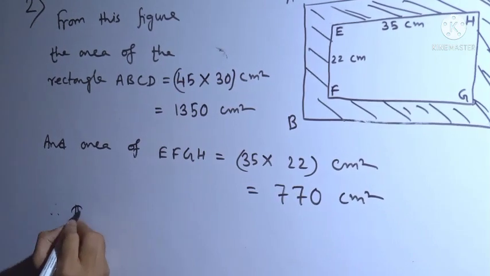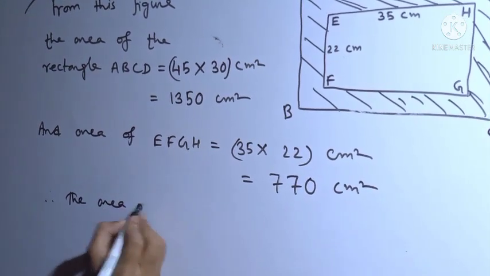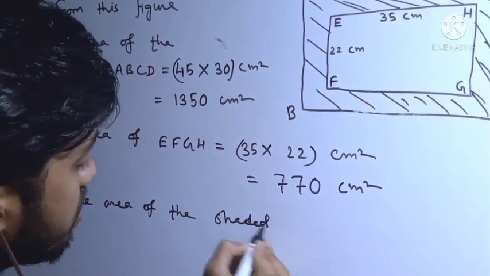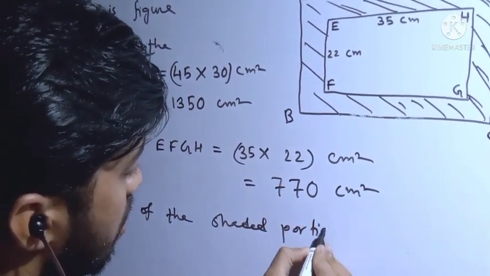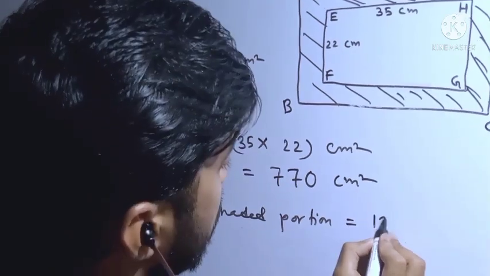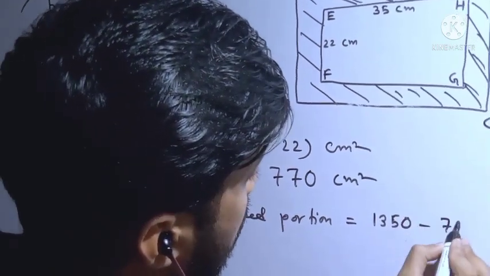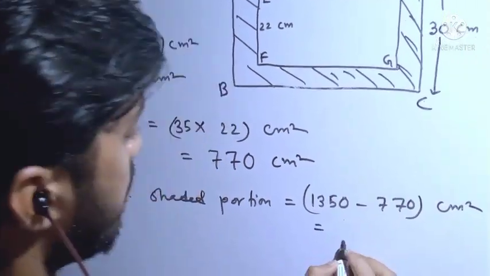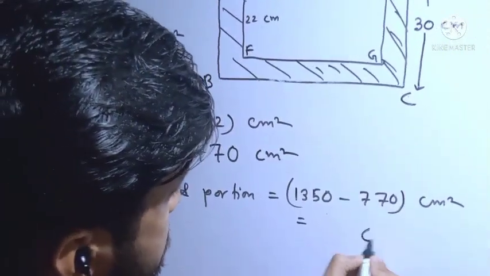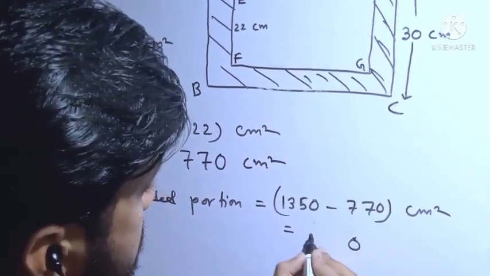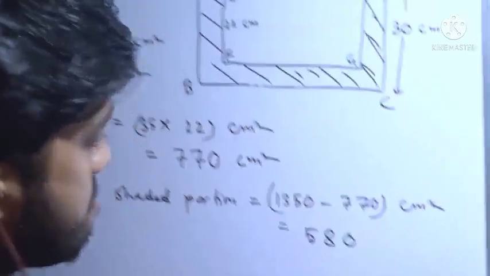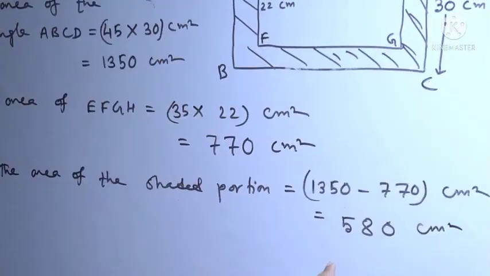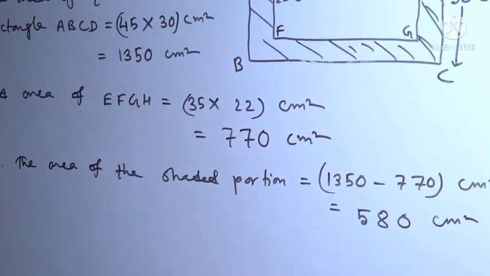Therefore the area of the shaded portion equal to 580 centimeter square.